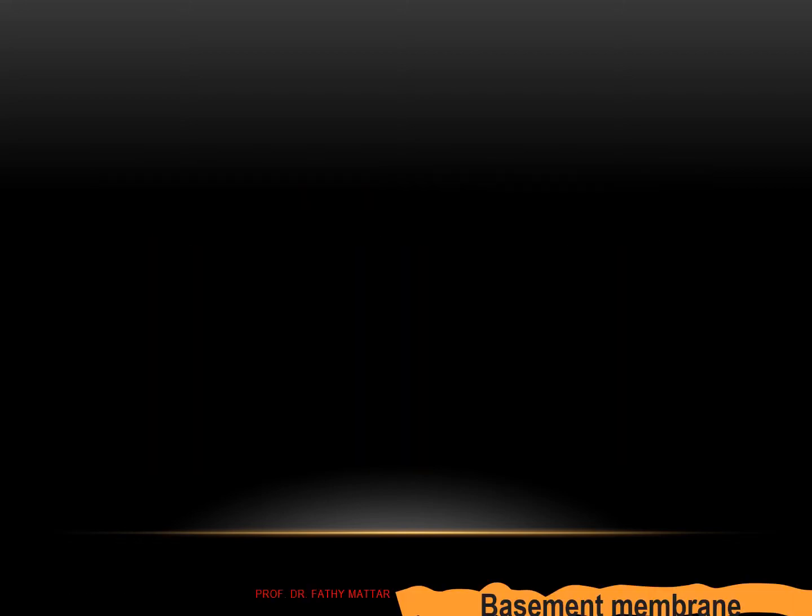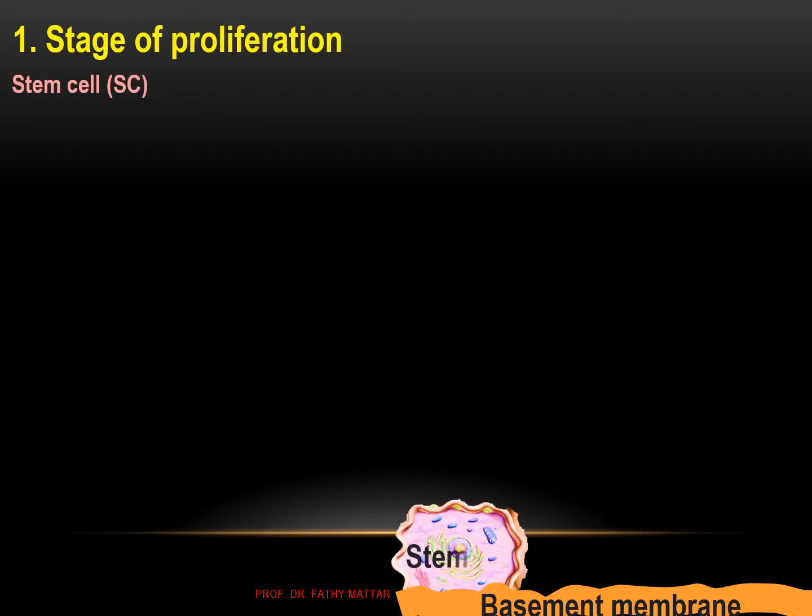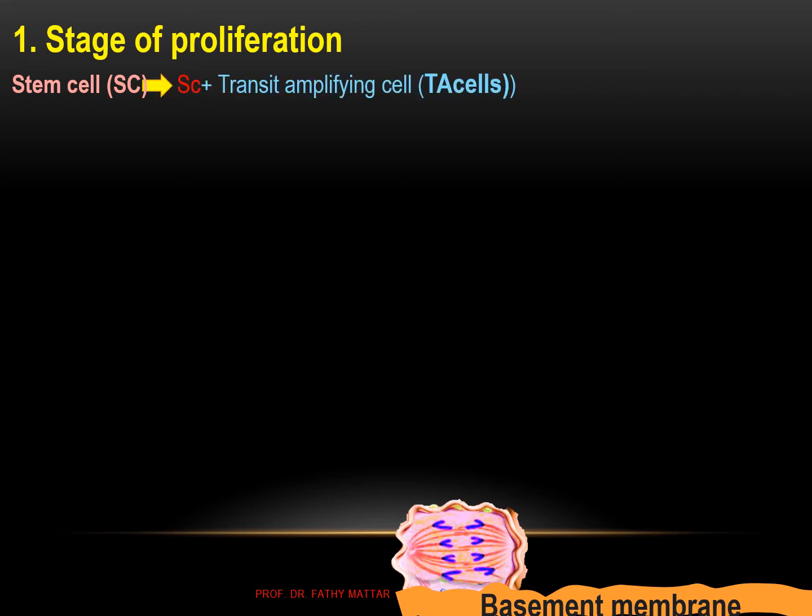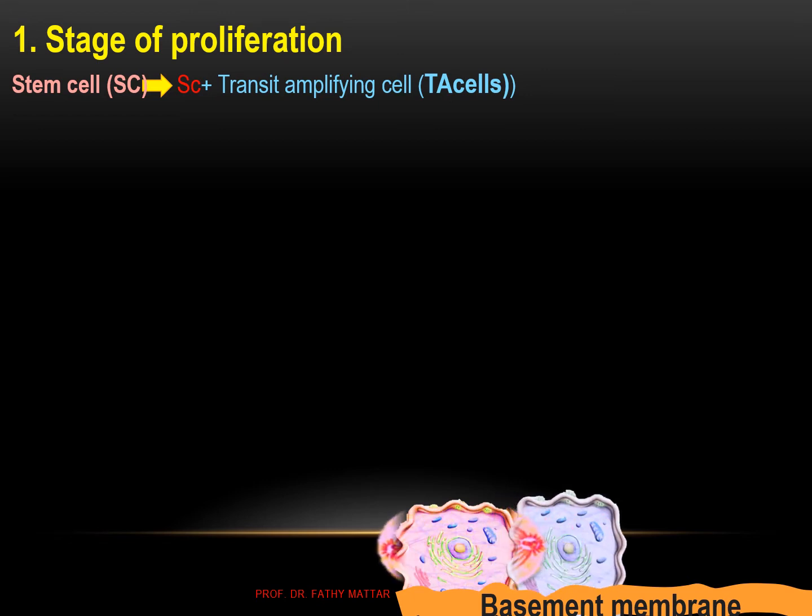We said that the first layer of keratinocytes rests on basement membrane, and they contain the stem cells. The stem cells divide in order to give a stem cell and transit amplifying cells.